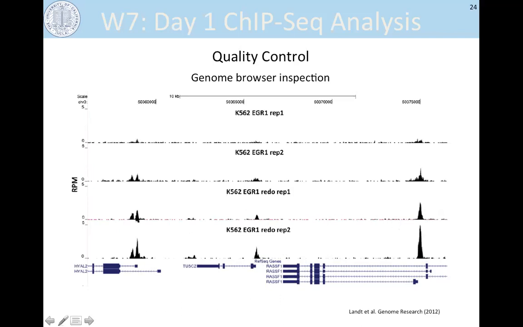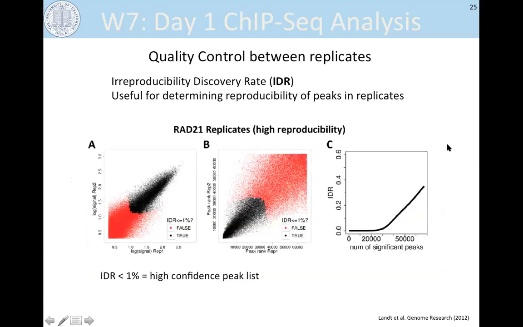So these data sets will probably give you more peaks and a more accurate representation of what this factor binding looks like in the genome. But it's not that this replicate isn't going to be useful to you. It could be. You can see traces of binding. So really, if that's all you got, don't just throw it away. Try to be resourceful.